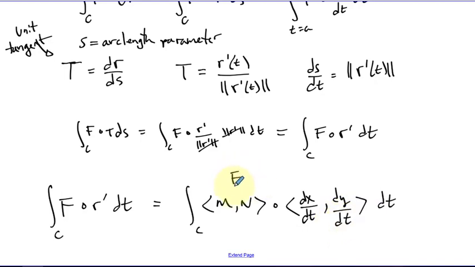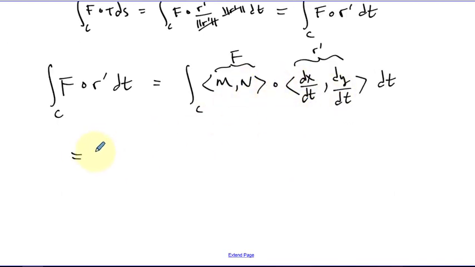So this is F, some vector field in the two-dimensional space. This is r prime, and it is the velocity of a particle that is moving through that vector field. Well, now I can do this dot product if I so choose, and I do. The dot product is first component times first component, second component times second component.